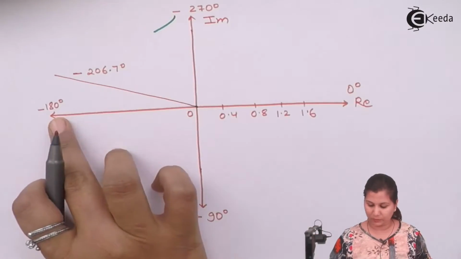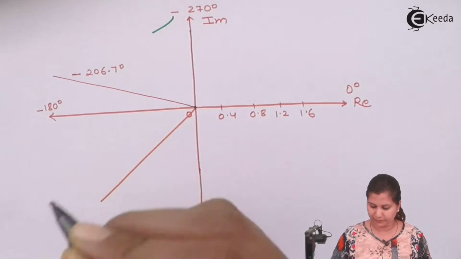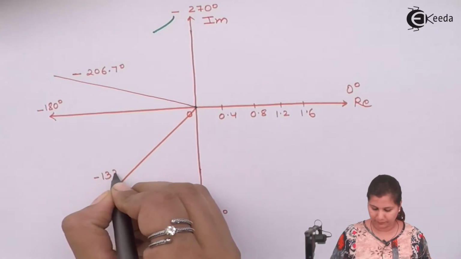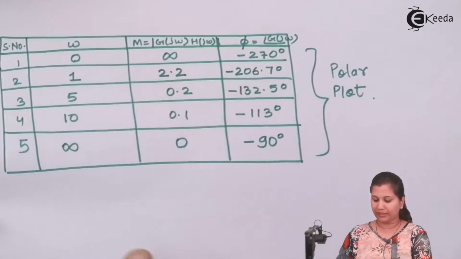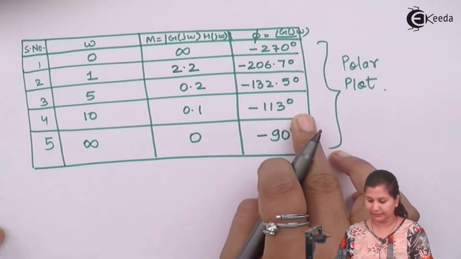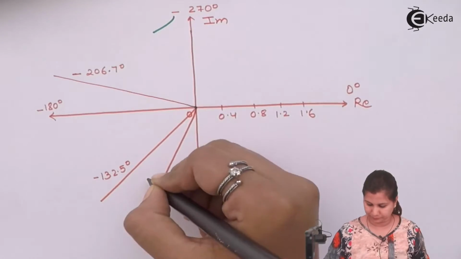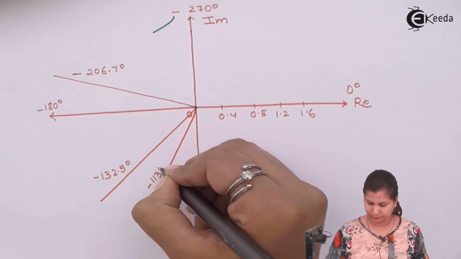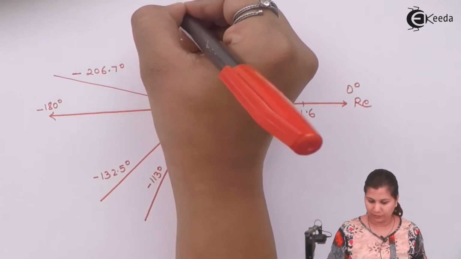Then we have the next, for omega equals 5, we have minus 132.5 degrees. So it is minus 180, so minus 132 will be somewhat here. Then for omega equals 10, we have the phase angle as minus 113 degrees. So it will be somewhat here. This is for omega equals 0.